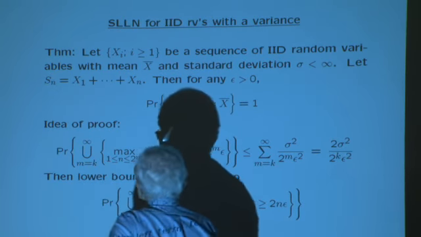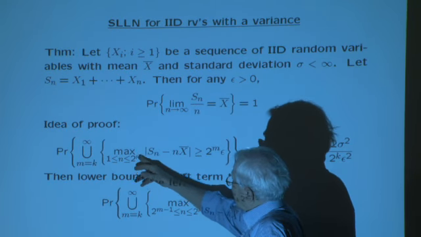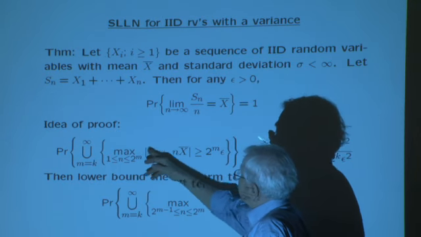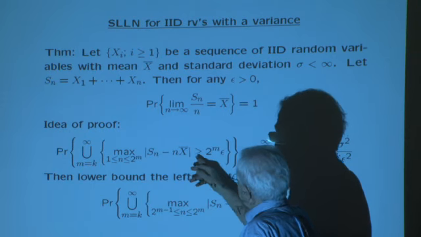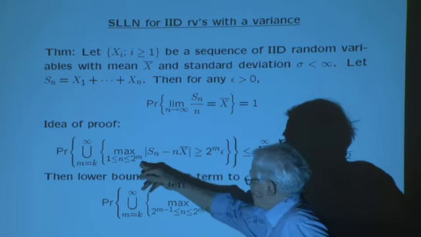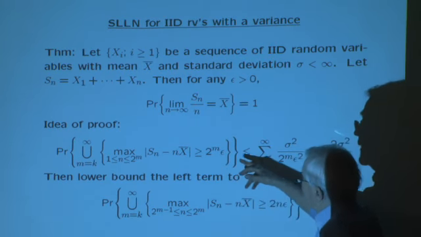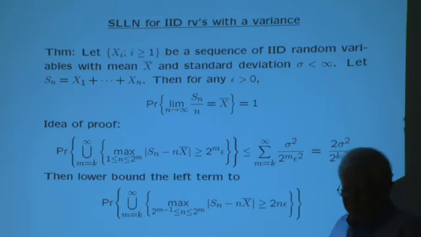And the terms in the union, instead of going from 1 to n to m, I want to replace m by 2 to the m. The maximum of this, the probability that this is greater than or equal to 2 to the m times epsilon, this biggest term times epsilon. I want to see that this is less than or equal to this quantity.